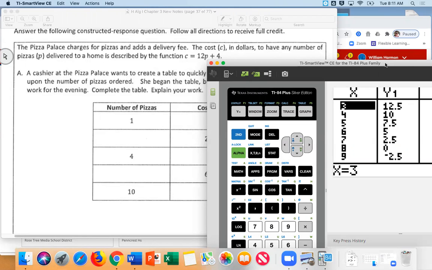So would the 12 stand for the number of pizzas or something else? Something else. Okay, so P is going to stand for the number of pizzas. So 12 represents the what of a pizza? What could 12 represent, Sophia?